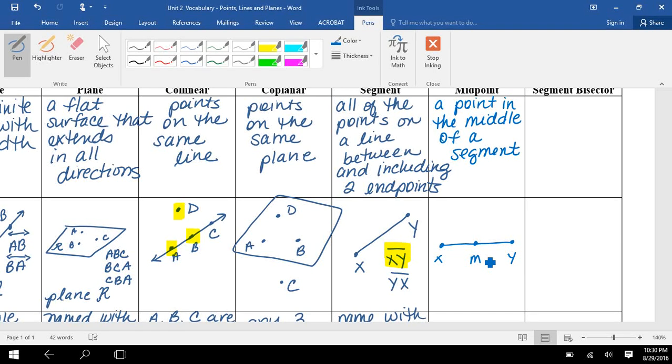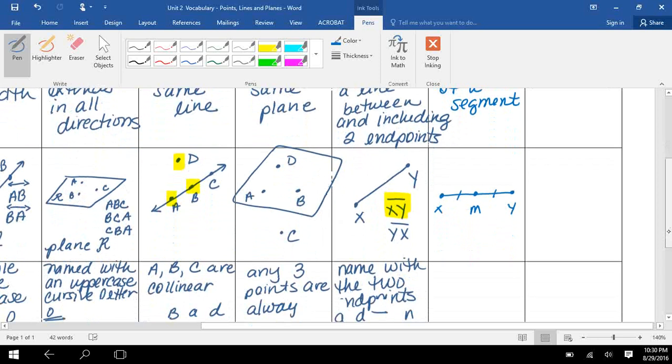So there has to be a way to convey to the person looking at your diagram that M is in the middle, and they can trust that M is in the middle. And the one way that you're going to do that is you're going to show with tick marks. Tick marks show that the distances or the segments on either side are the same measure.